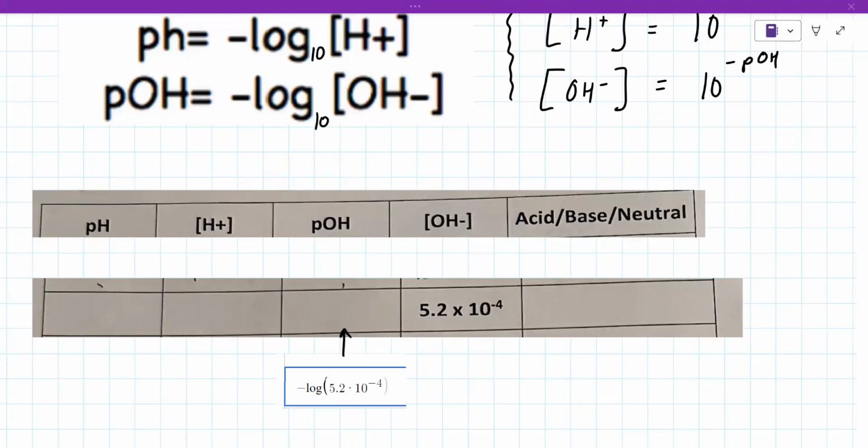Are you using the Desmos Scientific? Yeah. Okay. So did you type exactly what's written here? Yeah, a negative log 5.2 times 10 to the negative 4. Okay, and do you have a number to the right over here? Hold on, I'm trying to find it. I lost the Zoom.